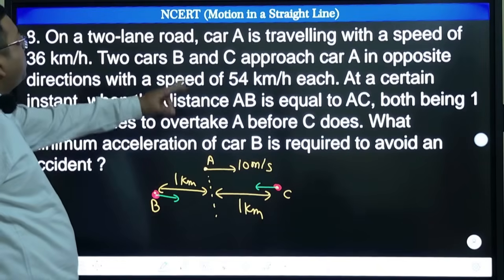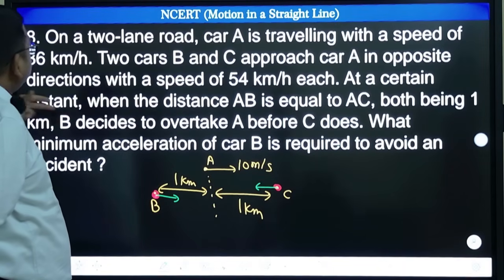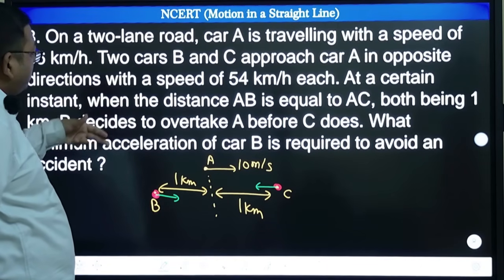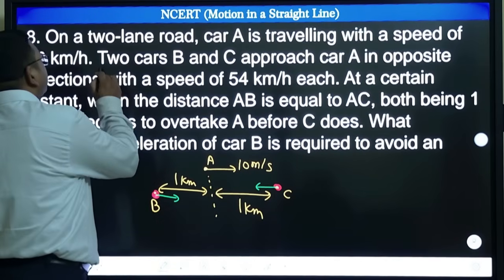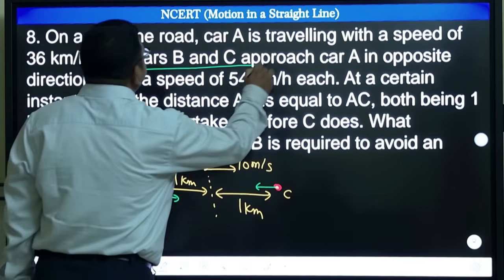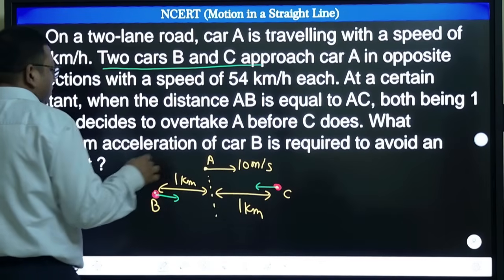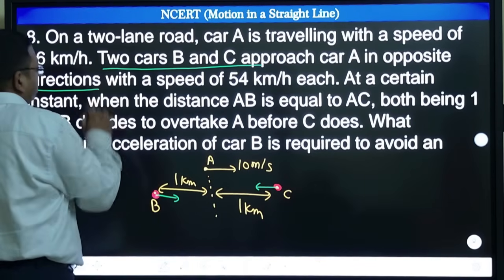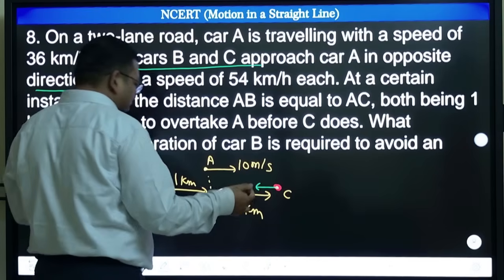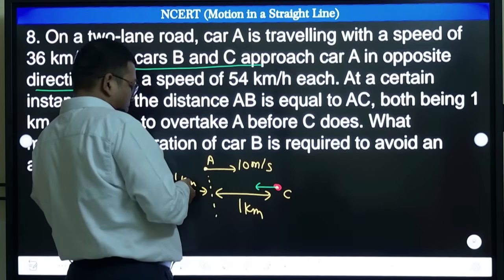Cars B and C approach car A in opposite directions. Right? What it means? This statement only we need to understand properly. Two cars B and C approach car A, they are approaching car A in opposite directions. So we are taking that B and C are approaching in opposite direction.